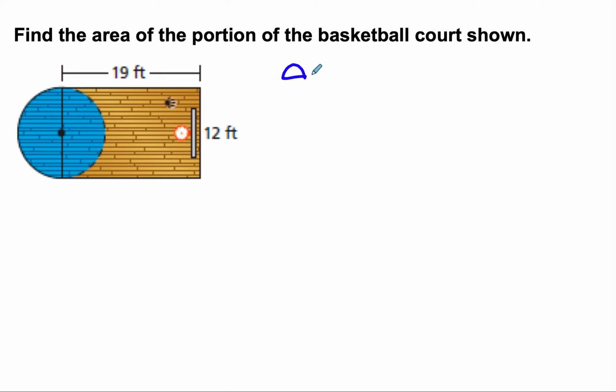Okay, so for the semicircle, our formula is going to be pi times diameter divided by 2. So let's see. Pi will use 3.14. My diameter is 12. If this part of the rectangle is 12, then this part of the rectangle is 12. Divided by 2.